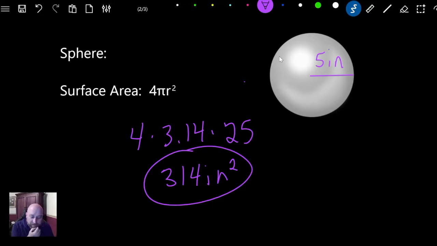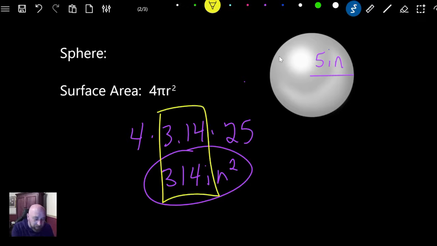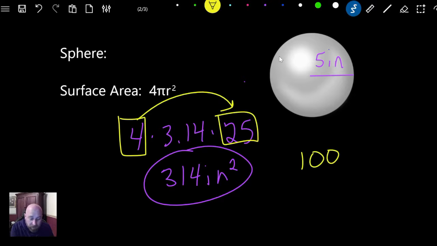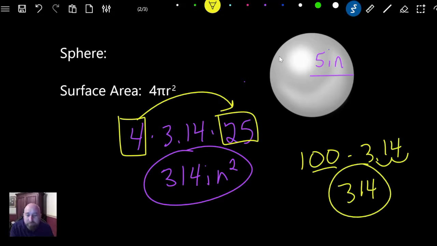Now, interesting. Notice that it basically came up to pi, right? We just moved the decimal point. Why did that happen? How did that happen? Because really, we did 4 times 25. What is 4 times 25? It's 100, and then we had 100 times 3.14, 2 zeros, just move the decimal point 2 places, 314.